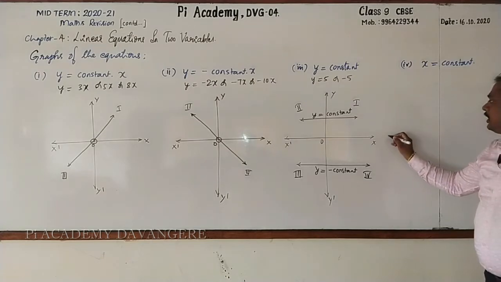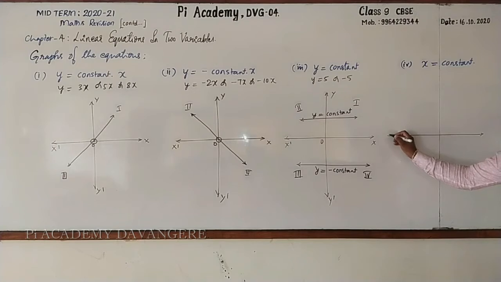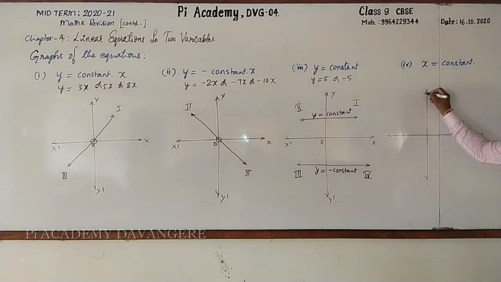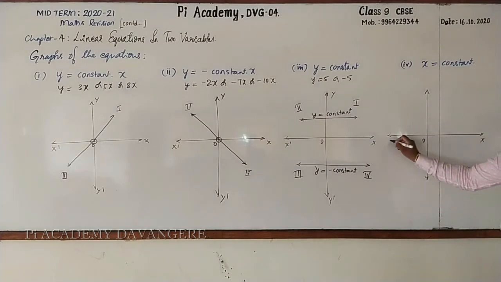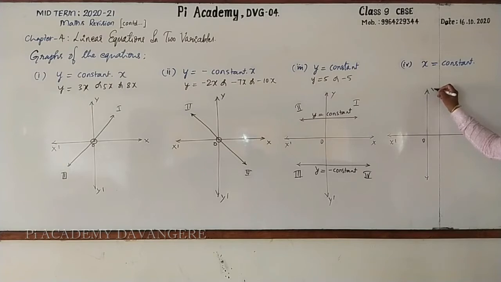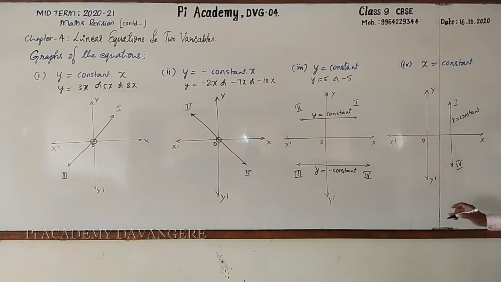Next, fourth one, x equal to constant. Then to draw the graph of this, again we will take the x and y axes. The x-axis is denoted as XOX dash, the y-axis is denoted as YOY dash. X equal to constant, please do remember, it is always parallel to the y-axis. See that? It is x equal to constant, and the quadrants are first and fourth.